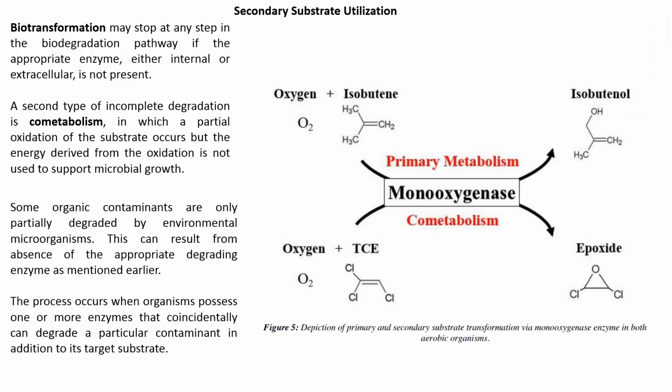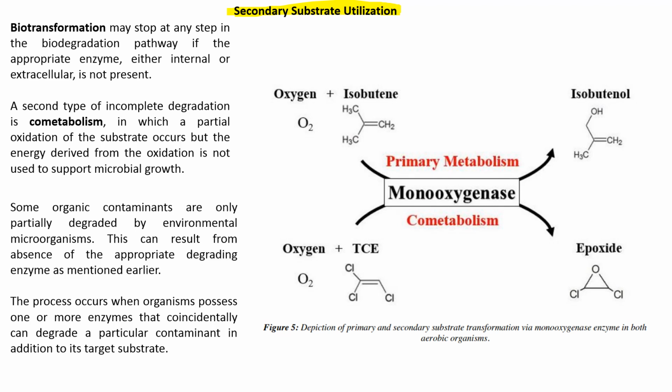So the next method of how biodegradation occurs by a microbial cell is secondary substrate utilization. In secondary substrate utilization, the cell does not derive energy from substrate breakdown.